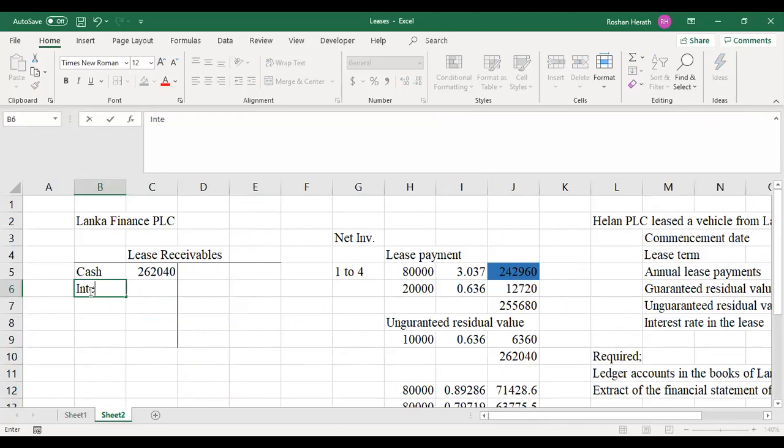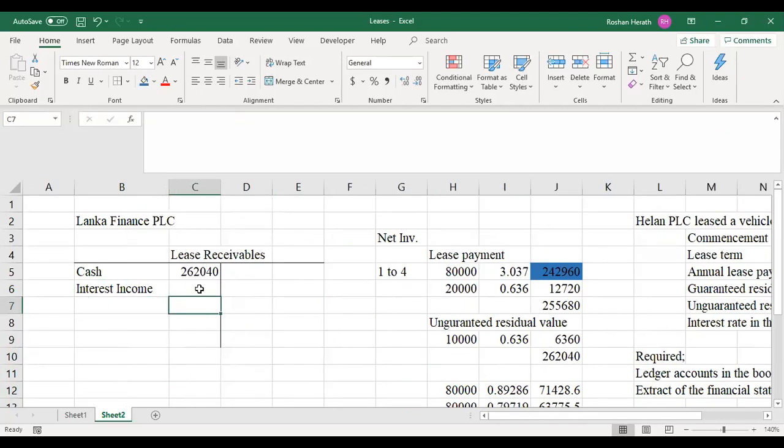The Lanka Finance needs to recognize interest income. And how do they do it? When it comes to the interest income, it is amortized cost: amount outstanding at the beginning of the period multiplied by the interest rate, 0.12.